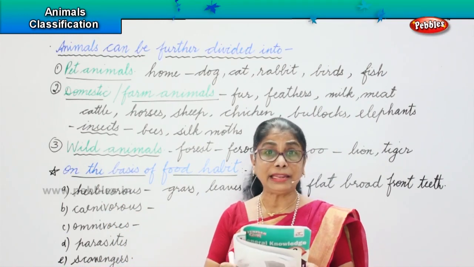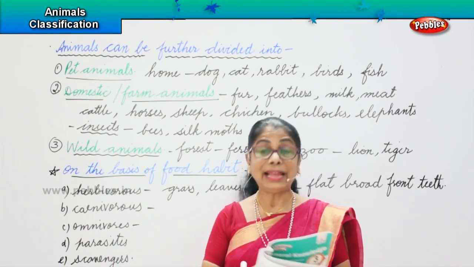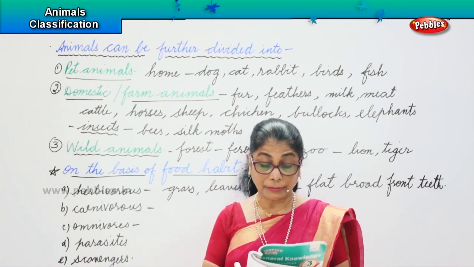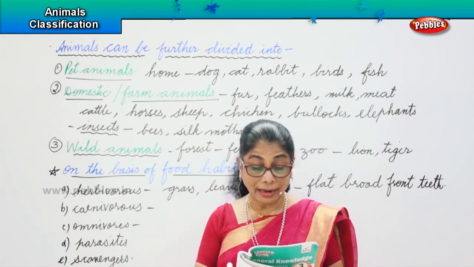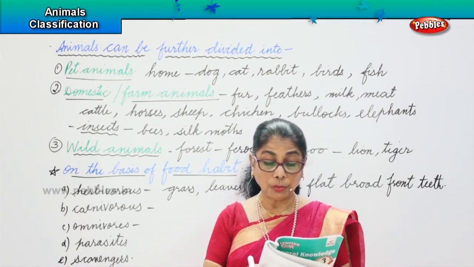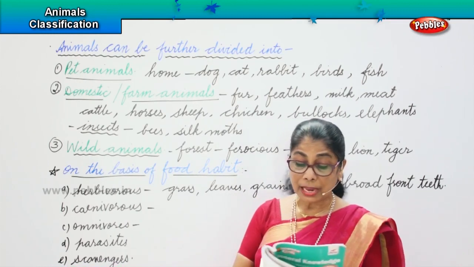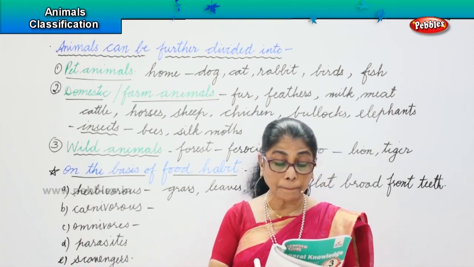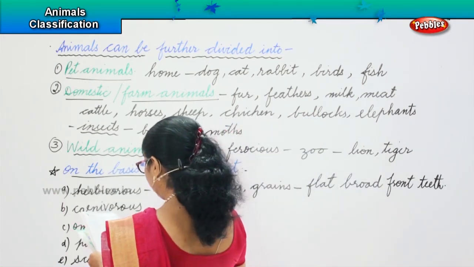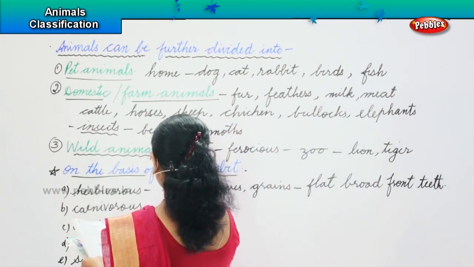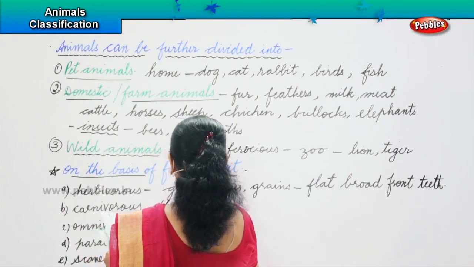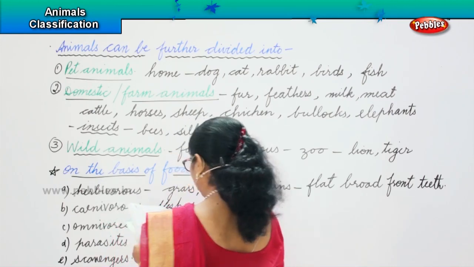Next we look at carnivores. Carnivores are animals that hunt and eat smaller animals, animals that hunt and eat other animals for food. Now, these carnivores have long, sharp, pointed teeth. So, these are flesh eating animals. Flesh eaters. What kind of teeth do they have?